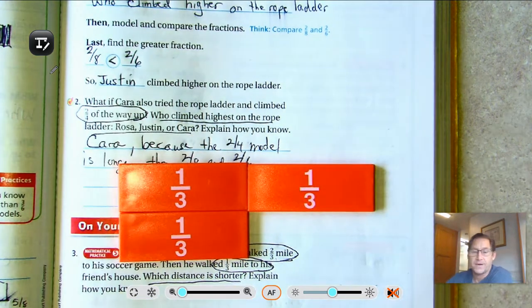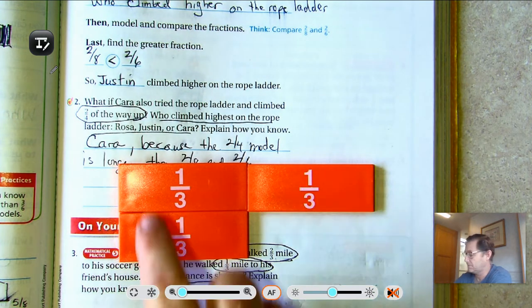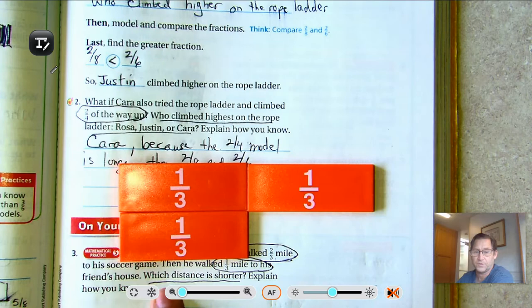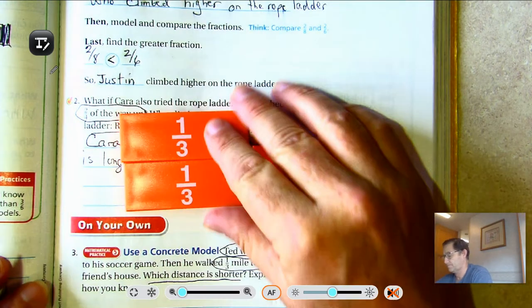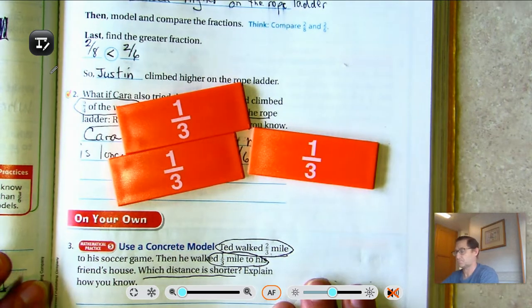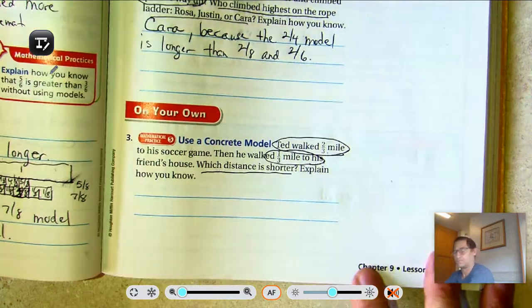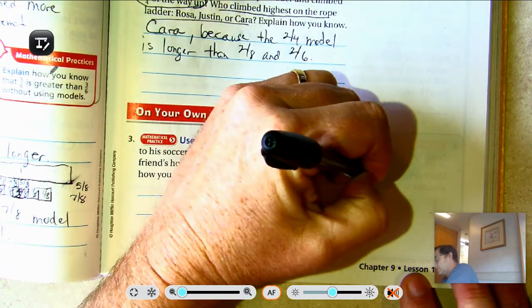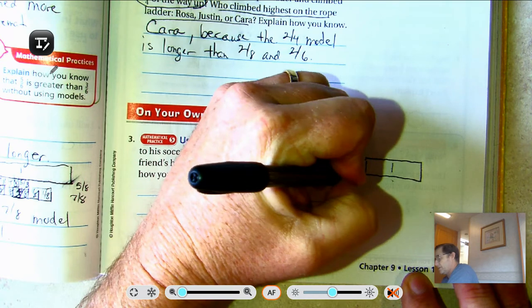Well, they're all thirds, right? This one's clearly, when I look at the length of the models, the 2/3 is much longer than the 1/3. So the 1/3 is shorter than 2/3. So if we were drawing a model ourselves, we can compare it again to 1.